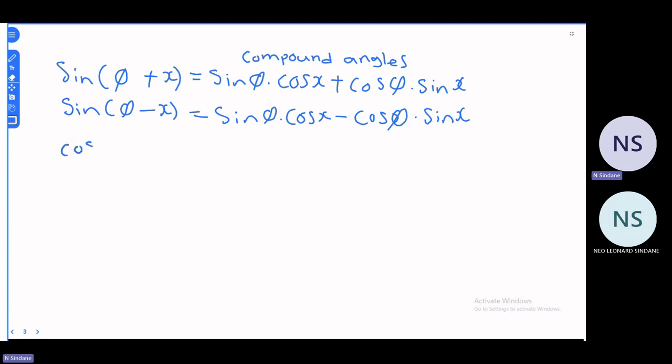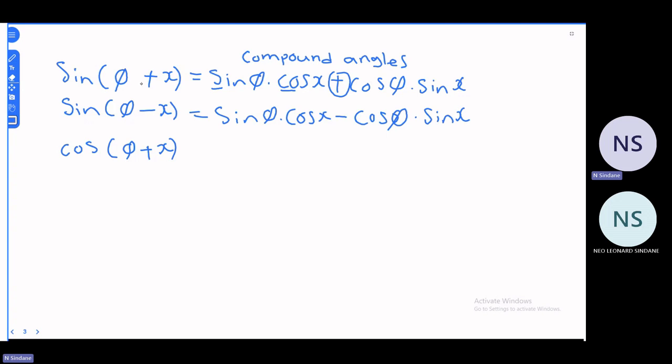So the next one that we have is cos. So we have cos of theta plus x. What I normally tell my students: sine keeps the sign. If you are dealing with compound angle sine, your sign will never change.